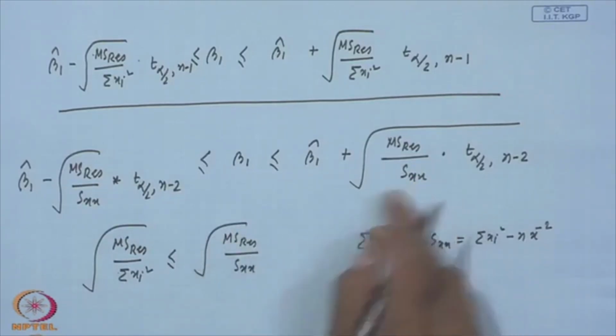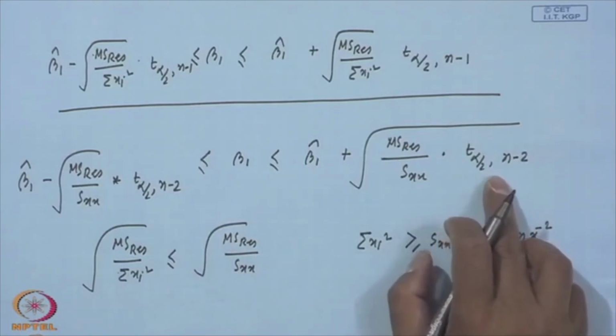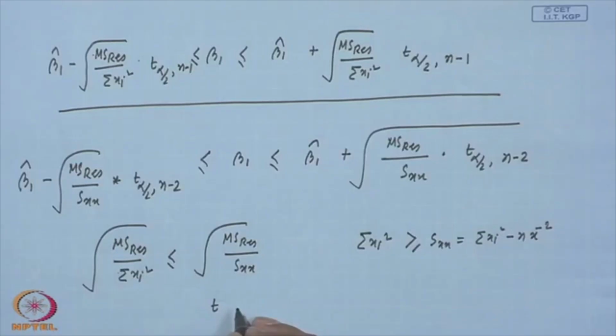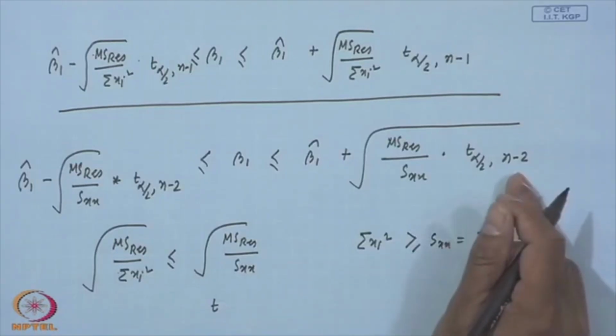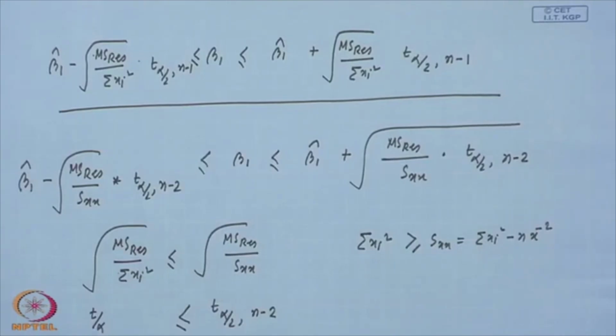So, this one is larger than this one, and again from the t table you can check that t value for this one, t alpha by 2 n minus 2, is larger than, because here the lower degree of freedom gives a larger value, t alpha by 2 n minus 1.